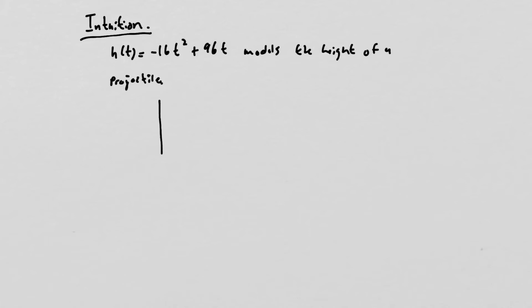The graph of this function is the following. It starts at time equal to 0 on the ground, and at time equal to 6, it hits the ground again. The graph of this function reaches a maximum point, and then at some point it begins heading back to the ground.